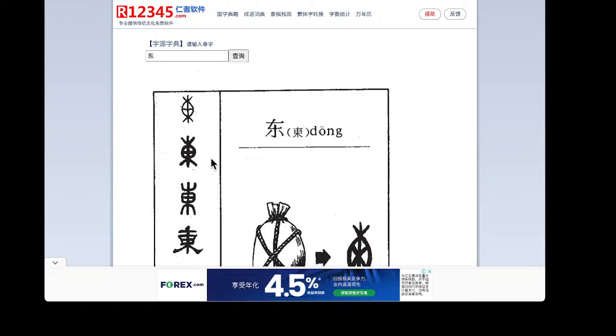So they use that to refer to east. Of course, the current simplified character does not look like that anymore, because the way of writing right now comes from the fast writing style of Chinese, called 草书. So it's reduced strokes. Okay, so this is 东.